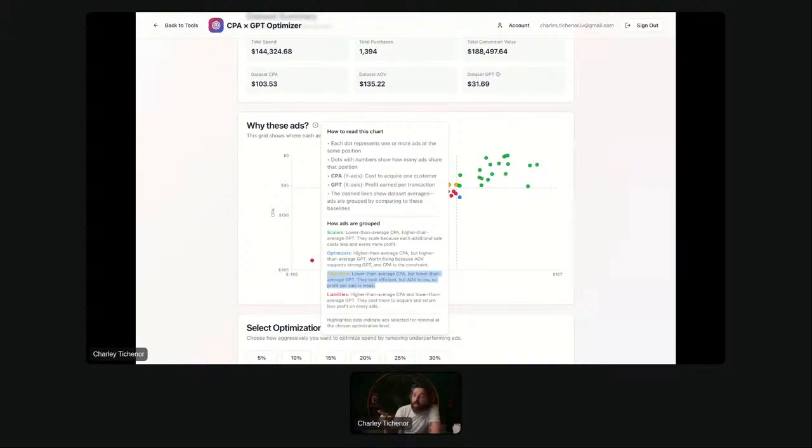These are your $20 CPA, 3x ROAS ads that make 40% of the profit of the other ones that have a $100 CPA and a 2x ROAS. Like, if you want to make more money, running the fake wins doesn't make any sense. And then we have the liabilities. And these are higher than average CPA with a lower than average GPT. These cost more to acquire and give you less return per sale.